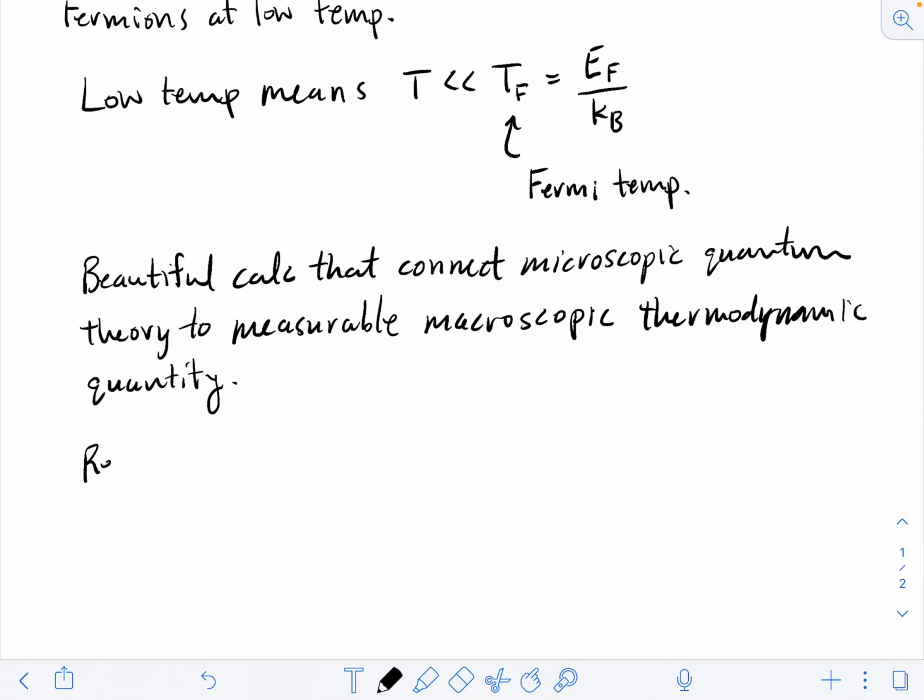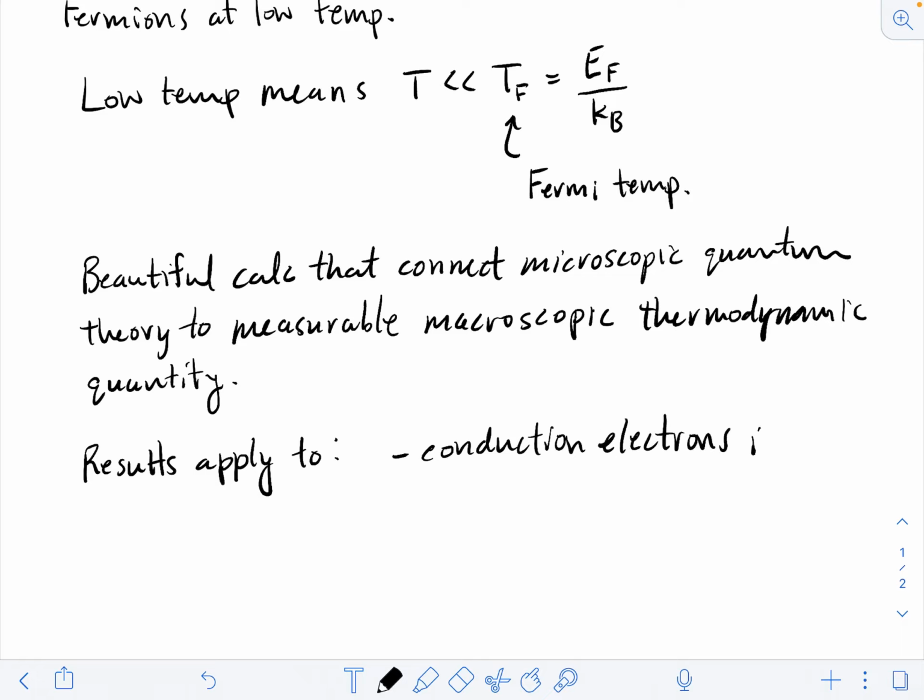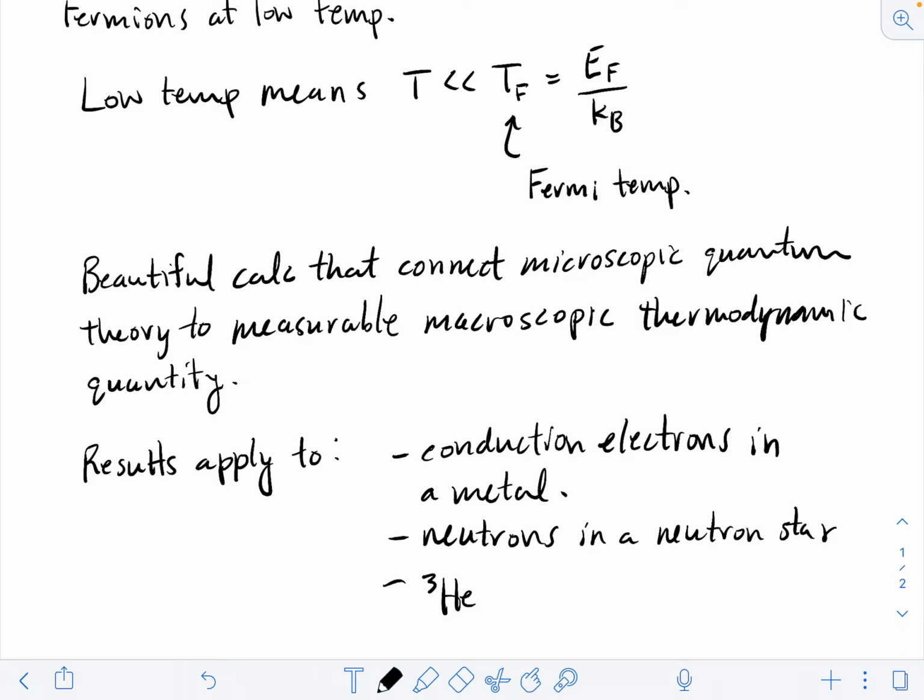So the results of this calculation will apply to things like the conduction electrons in a metal, neutrons in a neutron star, or the application that we're going to be particularly interested in, helium-3 atoms mixed in with liquid helium-4.